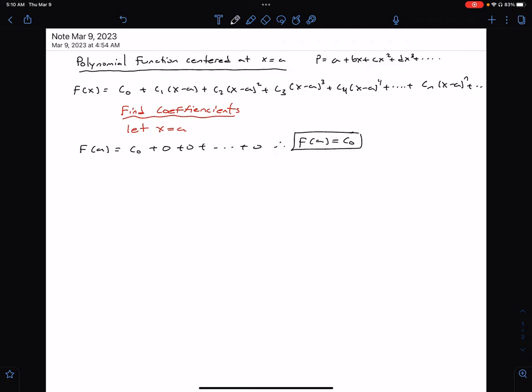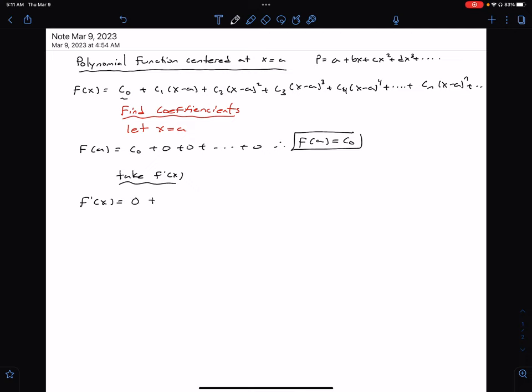Next, we need a way to find the other coefficients. If I can get rid of my c naught, I can find c1. To do that, we're going to take the first derivative. So f prime of x equals, well, c naught is a constant, so that becomes 0.